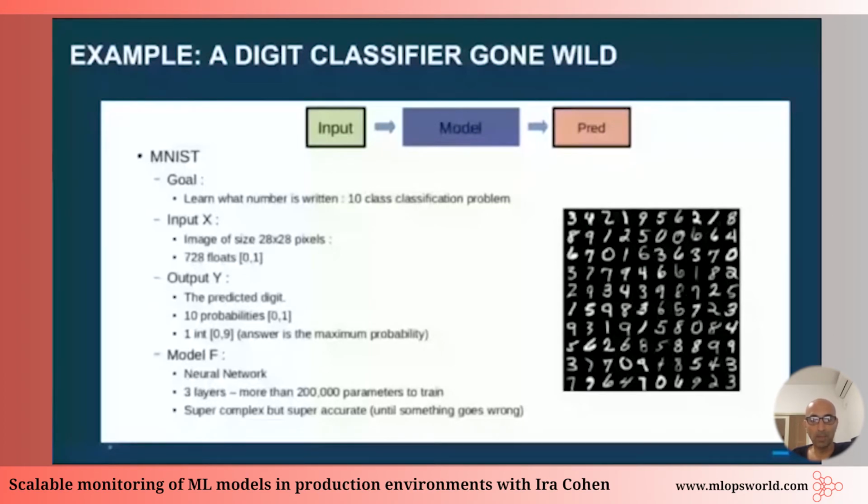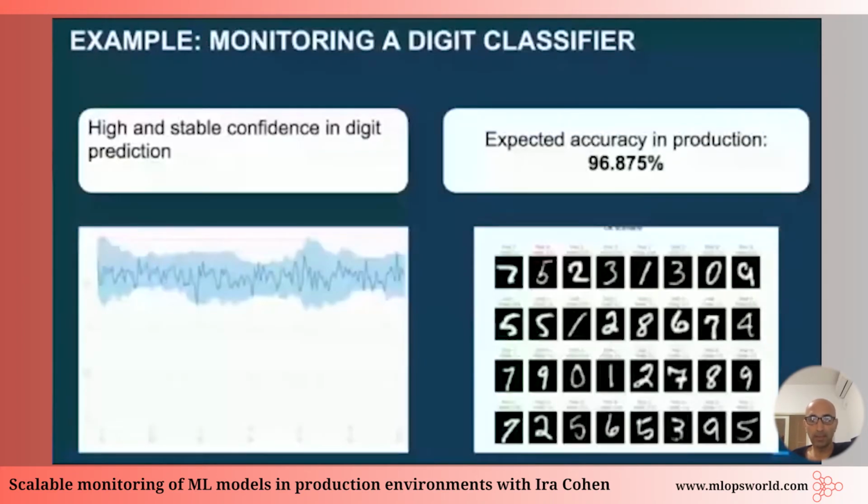And for our classifier, we trained a neural network, but it really doesn't matter what you use as a classifier. It had 3 layers and about 200,000 parameters to train, but it was a very accurate classifier on this problem. On the training set, the expected accuracy in production, we got 96.875%, and it also had a very high and stable confidence in the digit prediction.